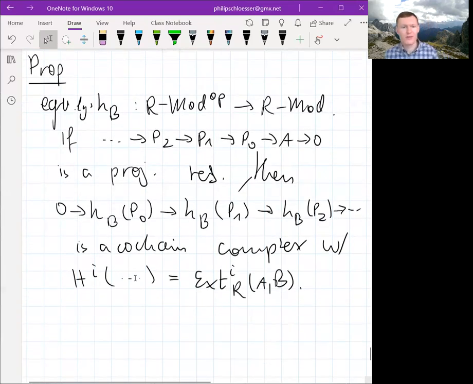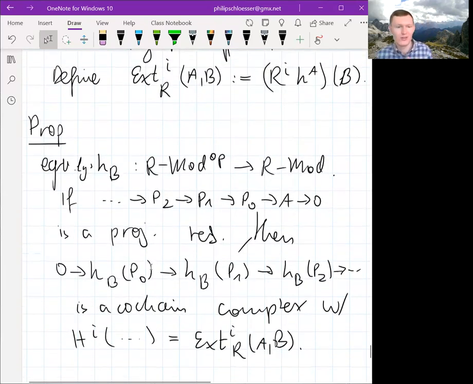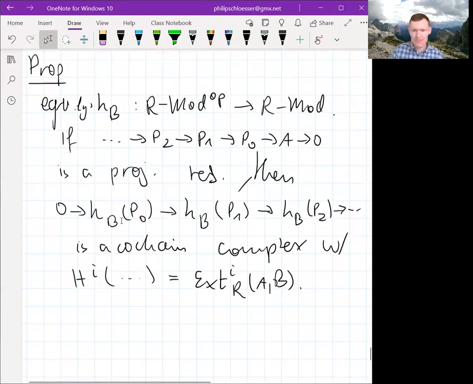So the fact that the Hom functor is contravariant in one argument is what saves the day here, so that we can again work with projective resolutions.